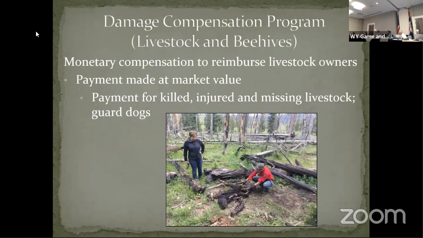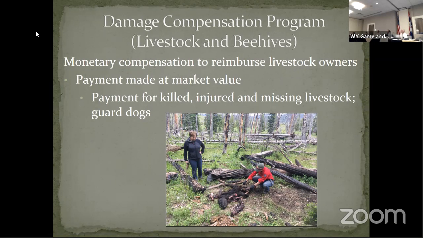Another part of the program that we just dealt with, with the damage claim appeal, is our compensation program. It's a pretty liberal compensation program. It's not a perfect program, but it's a tremendous part of what we do.